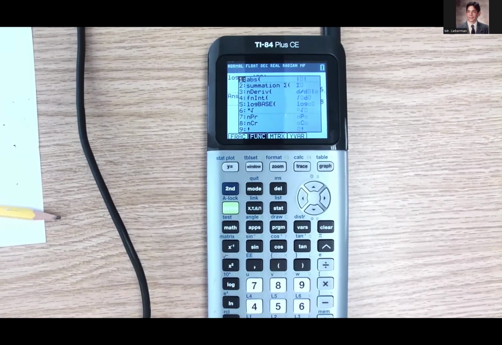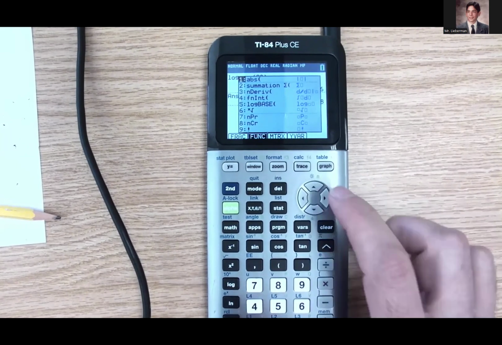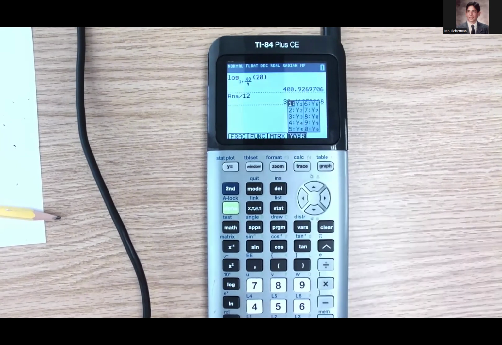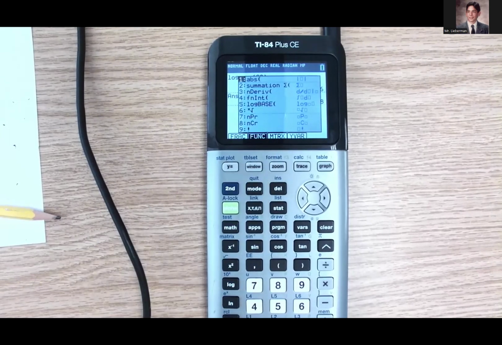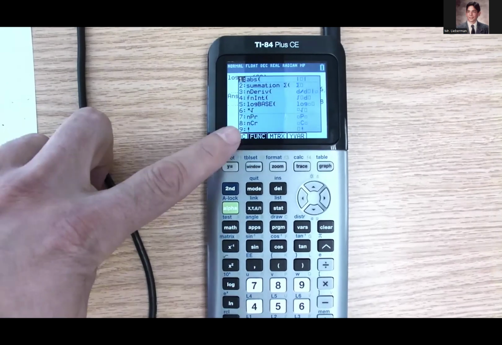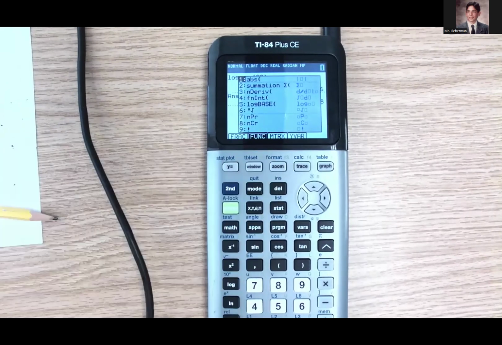So, these are nice places to look for other things. This is the excitement button, apparently, exclamation point. Okay.